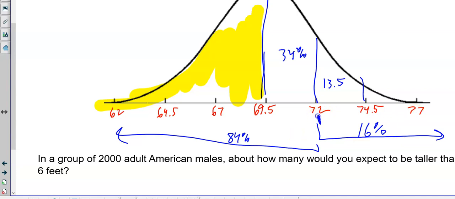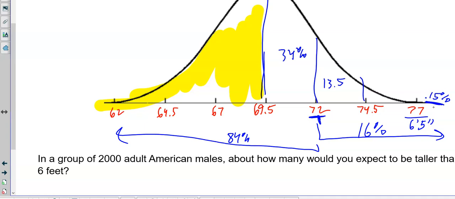If 72 is 6 feet, this would have to be 6'5", which means there's only 0.15% of the population of adult males that are taller than 6'5". That's extremely rare. Some NBA players are taller than 6'5", and that's not very common.